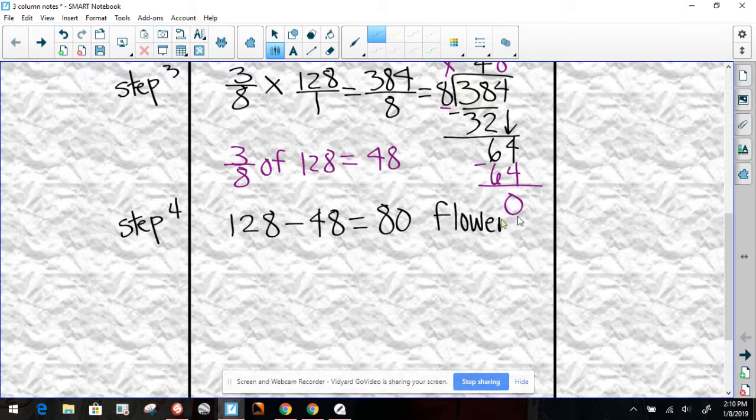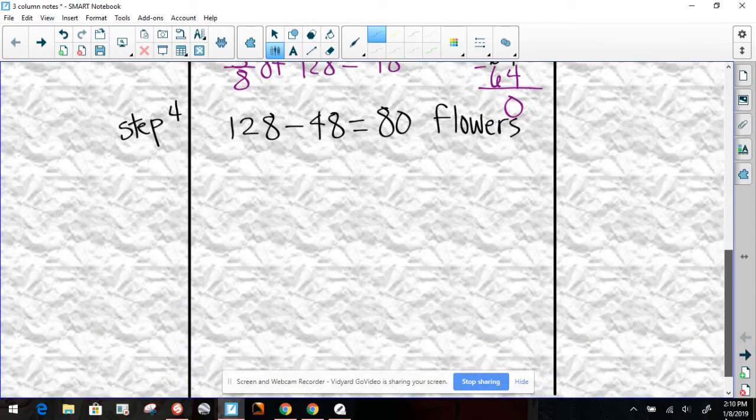Now, from this remaining total, we need to know how much is 1/5 of them, which are the pink ones. This is going to be step 5. How much is 1/5 of the remaining flowers, which is 80?